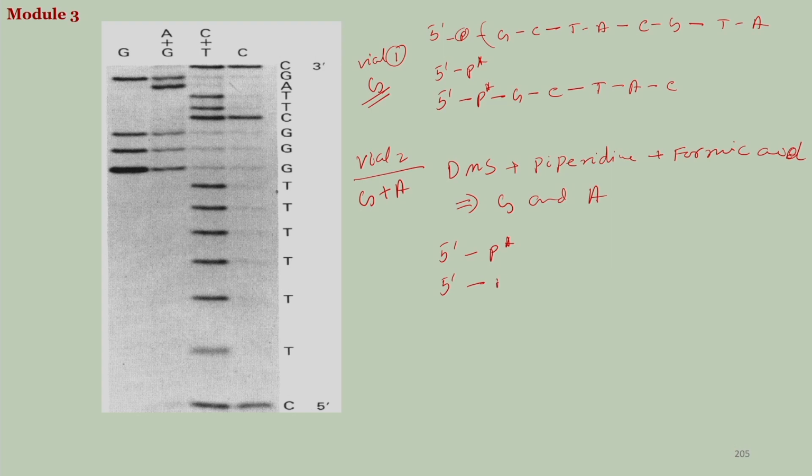Second is P, G, C, T, here you will stop at T. Is there anything else? P, G, C, T, A, C. G would be chopped off.